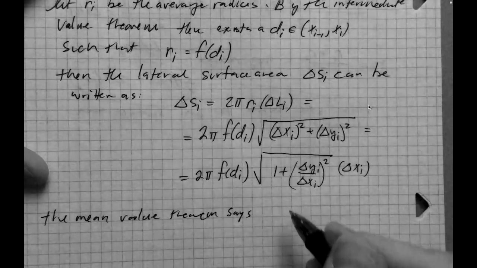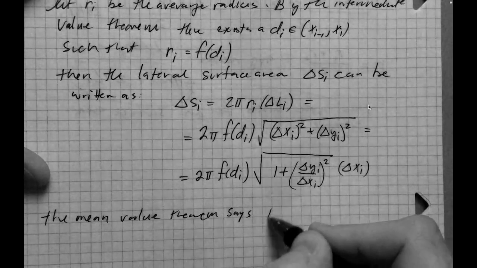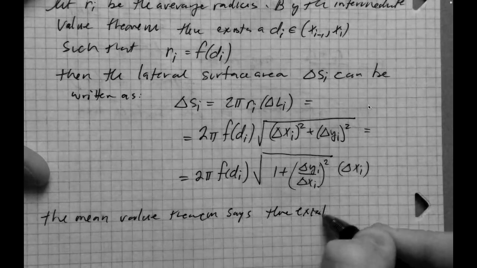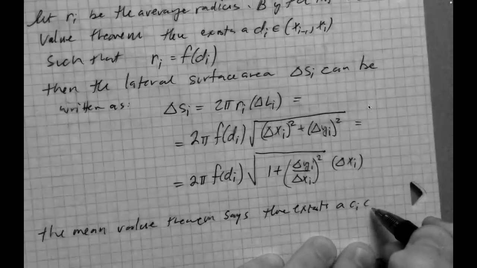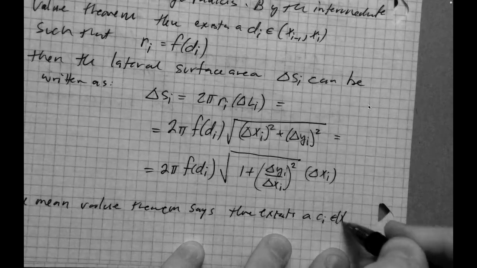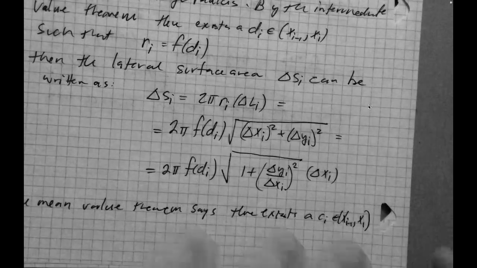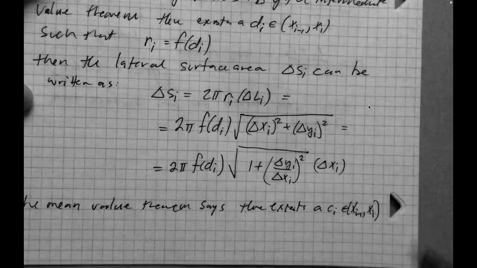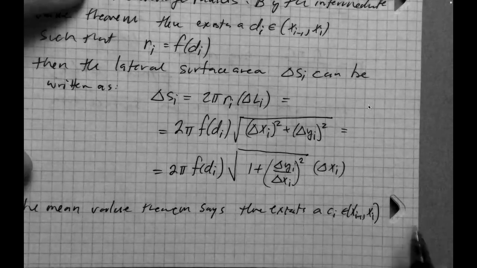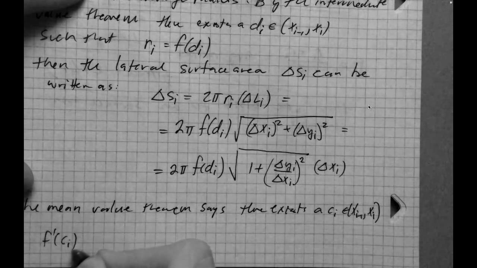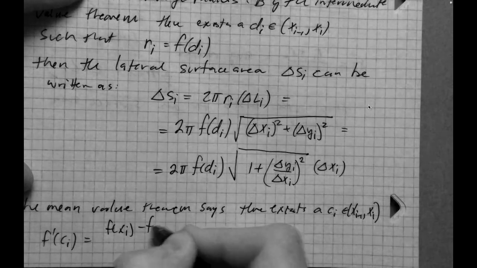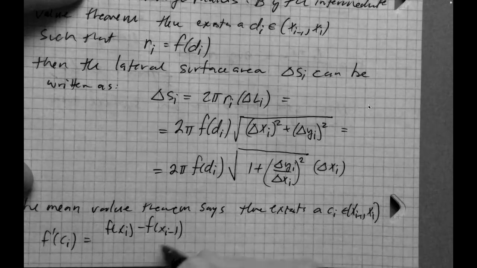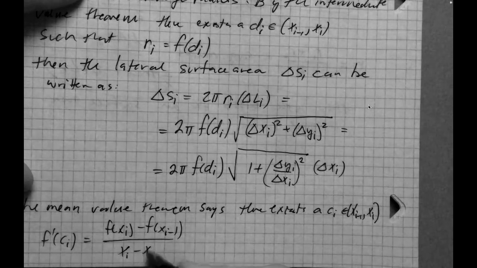The mean value theorem basically says there exists a ci in the interval xi minus 1 to xi such that f prime of ci is equal to f of xi minus f of xi minus 1 over xi minus xi minus 1.